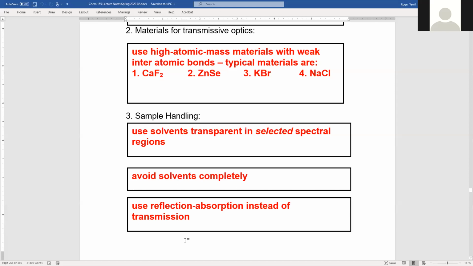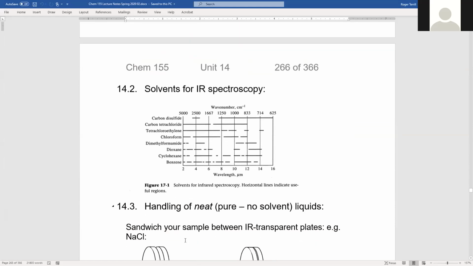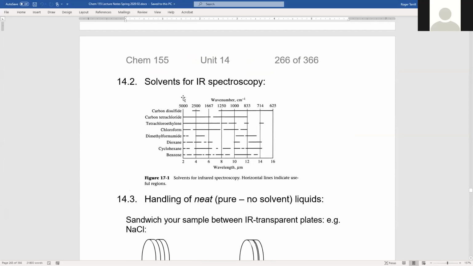So let's talk about some examples of these approaches, starting with the worst one, I think, which is to use a solvent for the IR spectrum. Here are 8 examples of solvents that you can use.